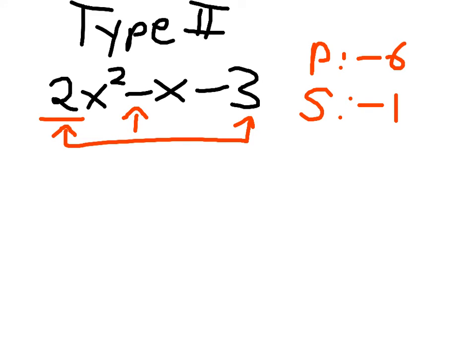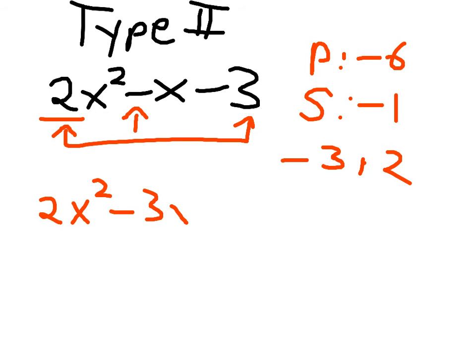So we're looking for two numbers that multiply to give you -6 and add to give you -1, and those two numbers would be -3 and 2. Then we split this up. The negative x in the middle gets replaced by -3x plus 2x. So -3x plus 2x is the same as -x.